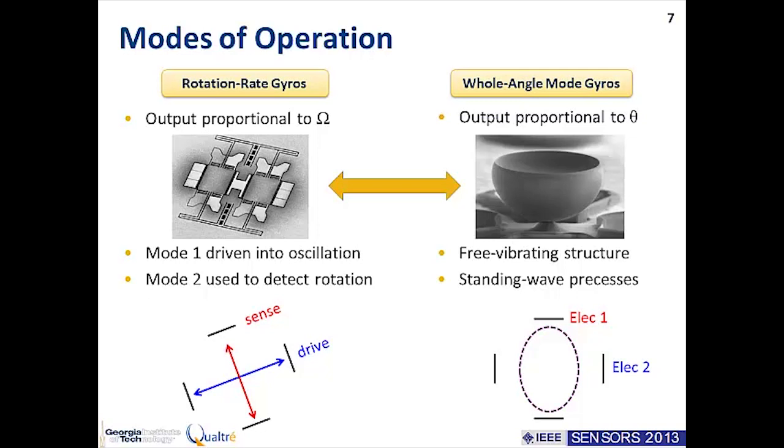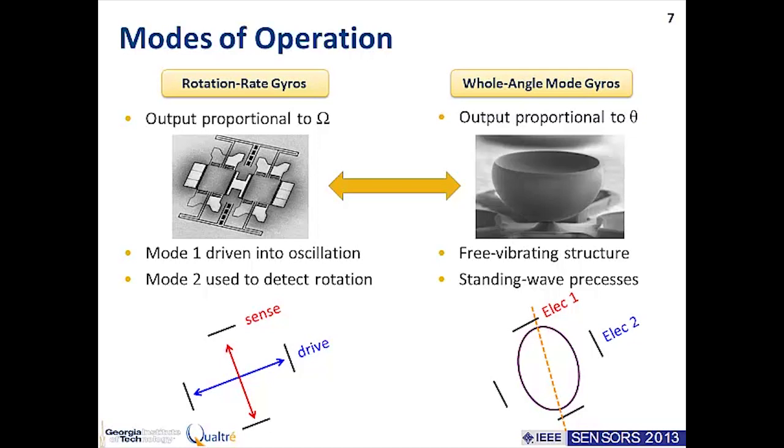When we apply rotation to that system, what happens is that the anti-nodes of vibration, so basically where the maximum points of vibration occur, do not rotate at the same rate as the frame of reference that we're rotating.